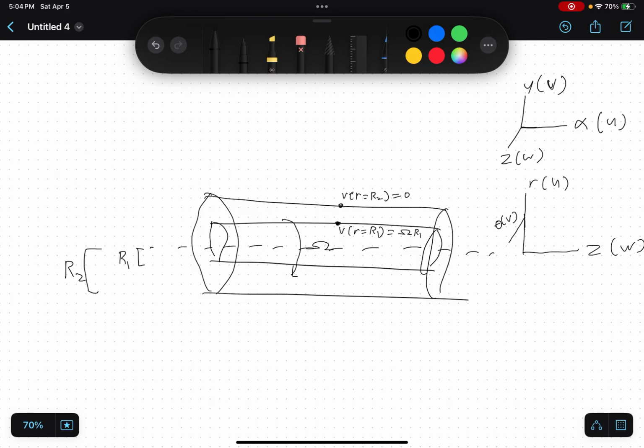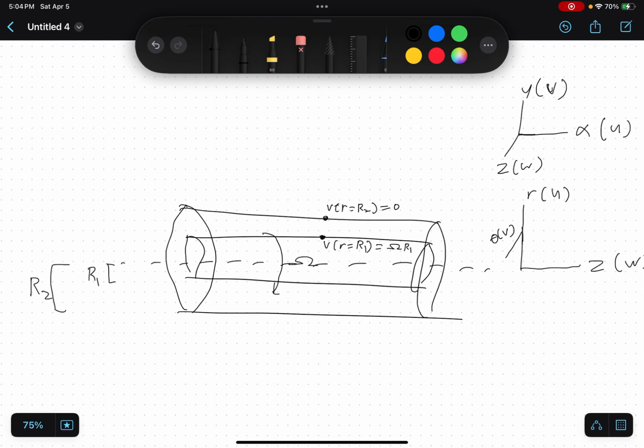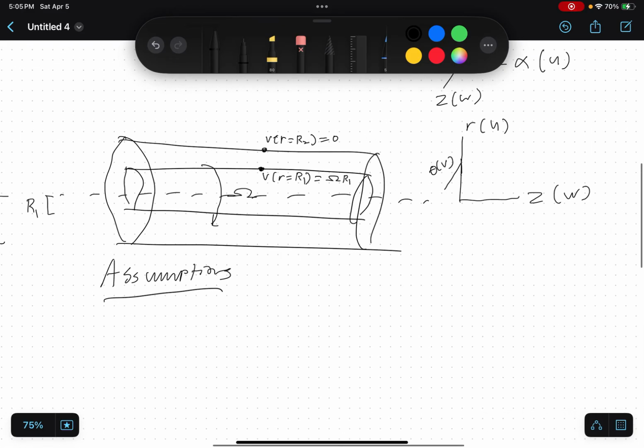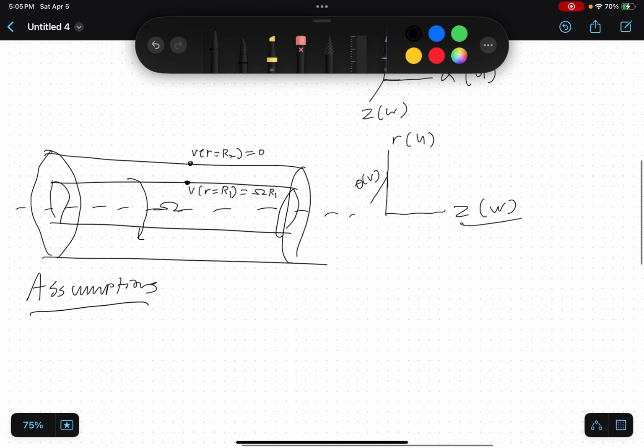Let's write out the Navier-Stokes equations. Well, we got to do assumptions. Always do assumptions. There are a couple weird ones. So it was stated that w, the velocity in the z direction, is 0.